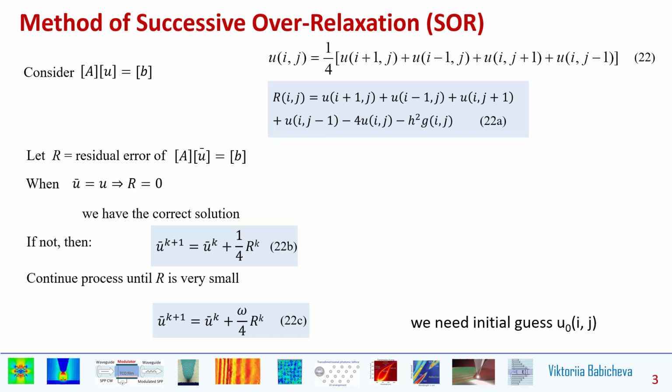So naturally the convergence speed of the iterative computational process depends on the value of the coefficient omega. So in the extreme case, when omega equals 1, the speed attains its minimum, and the successive over-relaxation method transforms into the Liebmann successive substitution method.